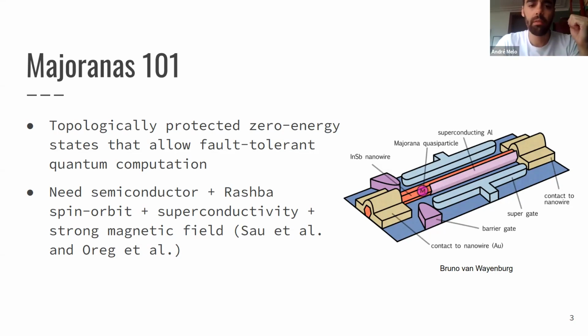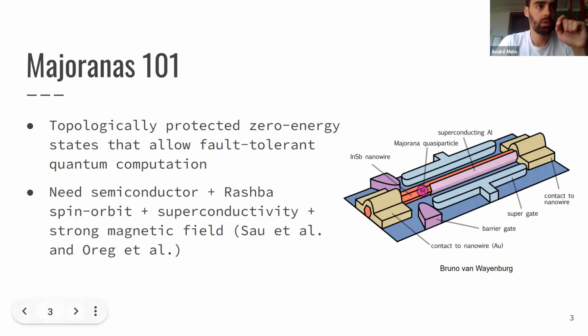Or in general, you could have some other way of breaking time reversal symmetry, but the most common approach is to apply a magnetic field. As we'll see, there are several ways of combining these ingredients together, but the most common one is the one that I'm showing on the right. It's the platform that has most experiments done on it, a quasi-one-dimensional semiconducting nanowire with spin-orbit coupling.